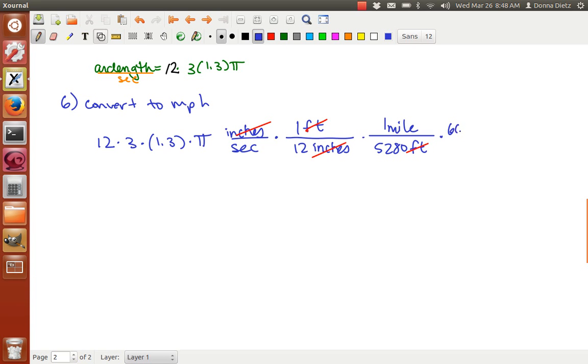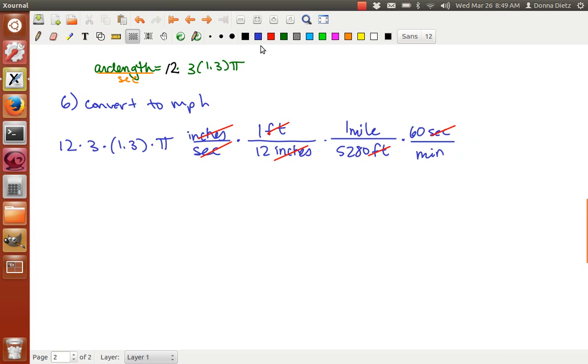So we have 60 seconds per minute, and then that crosses off the seconds, and then we want, I'm running out of space here, times 60 minutes per hour. Okay, now the only units we're left with is miles per hour. All the other units canceled out.